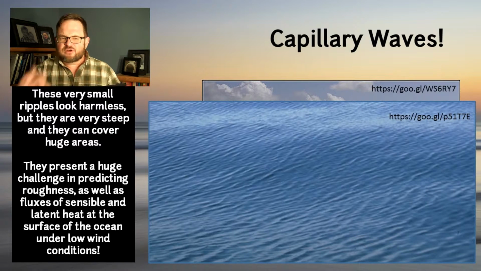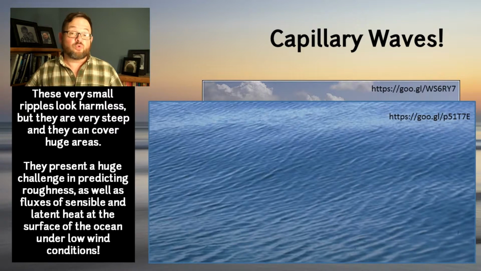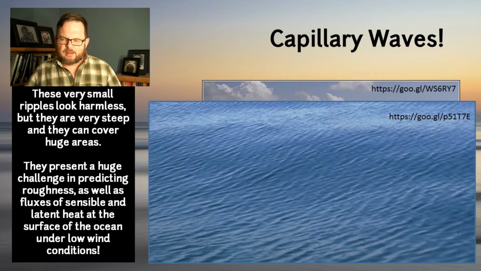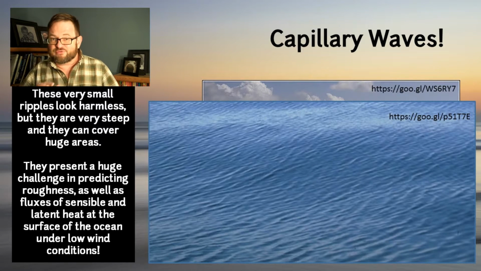Capillary waves are just these little ripples that look small and harmless, but if you examine them very closely, their edges are quite steep, which means they actually have a surprisingly large aerodynamic roughness length. You would think those little ripples are not really interacting with the wind at all, but in fact, for their size, they have a huge impact on the wind.